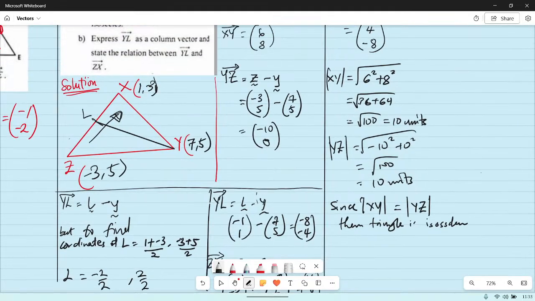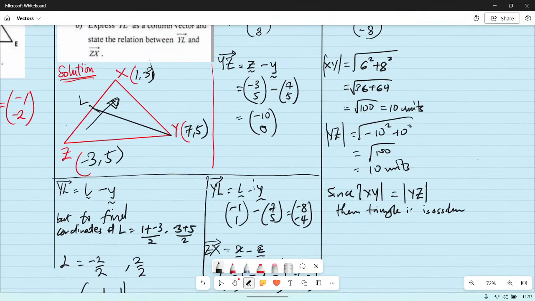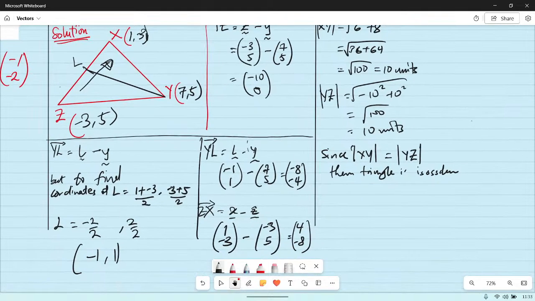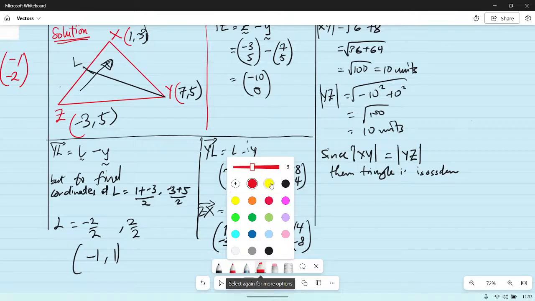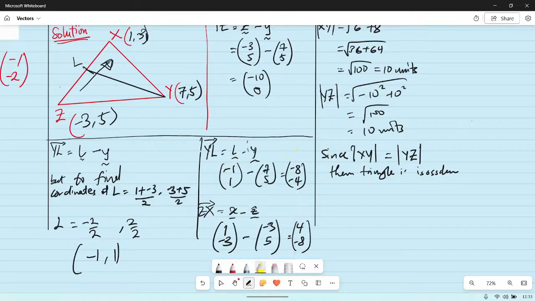Let's go and look at the question again. It asks for the relation between YL and ZX. Now, this is YL, and this is XZ. Can you see something in there?